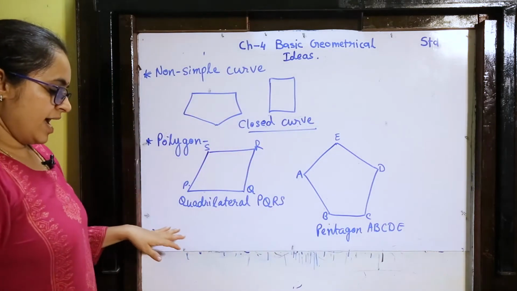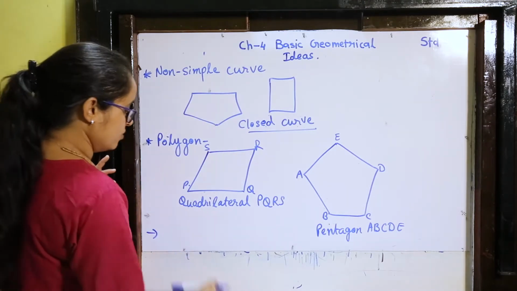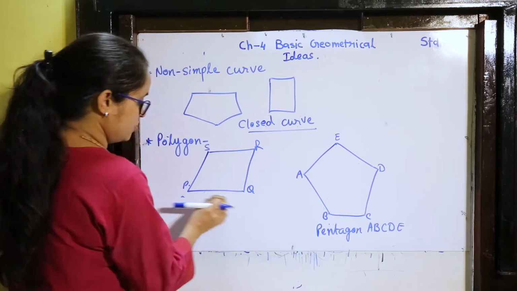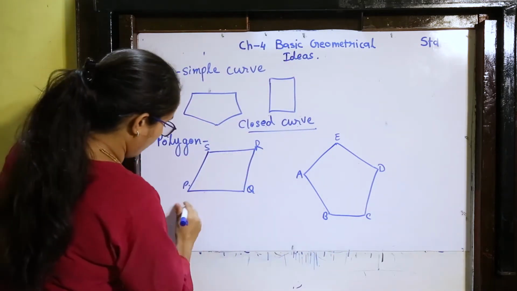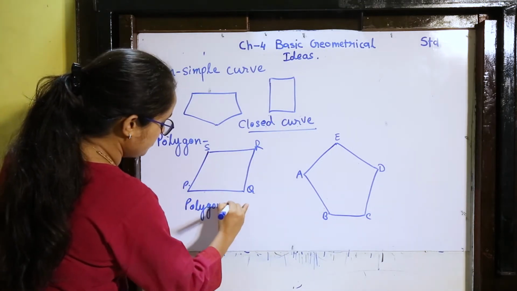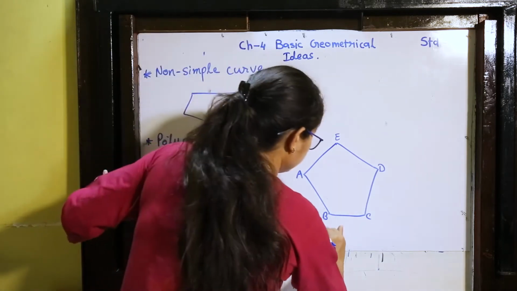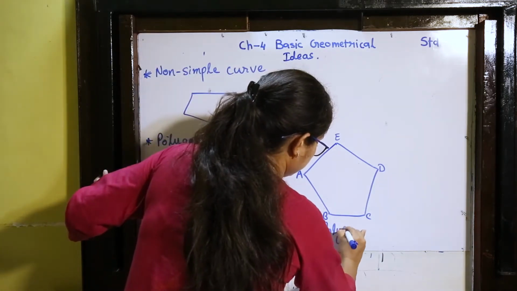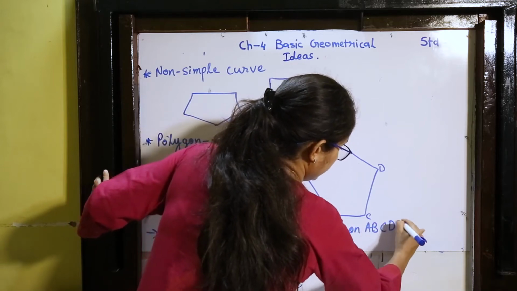So, we have here polygon. Here you can also write polygon PQRS. Please write polygon because we are not looking at the quadrilateral, and this is polygon ABCDE.